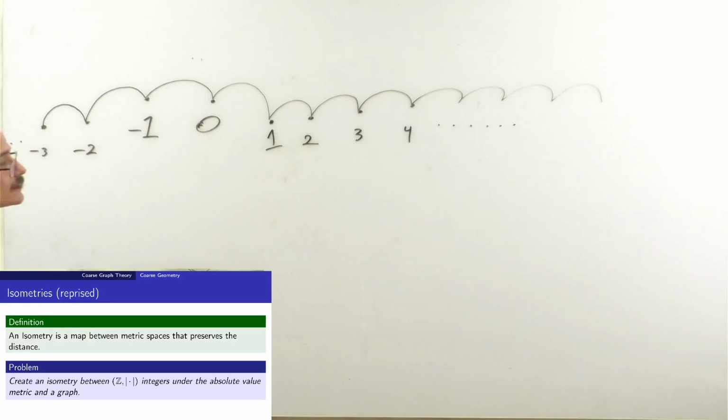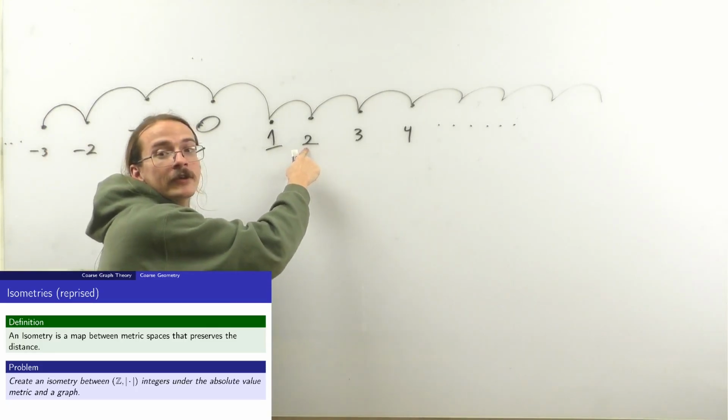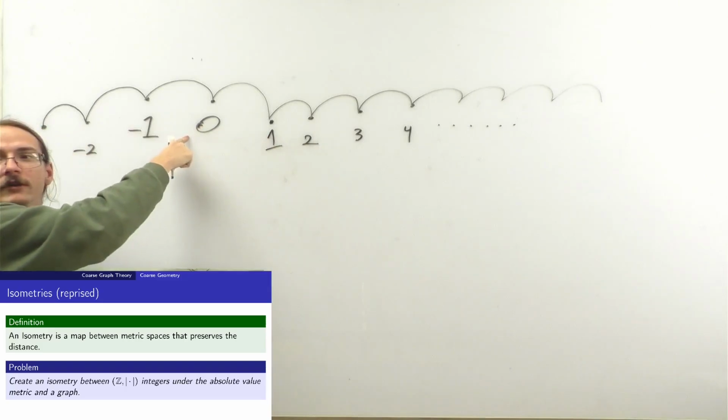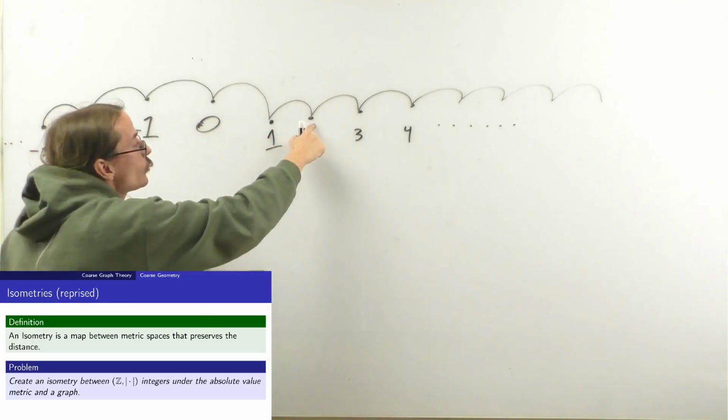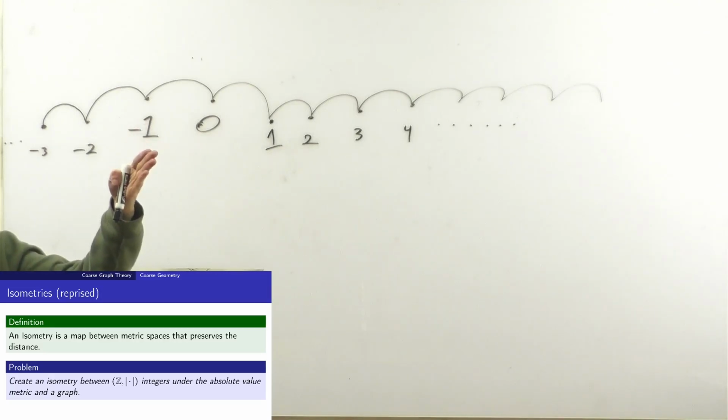Where should 2 go? 0. 2 could go to 0. Okay, if 2 is going to 0, then where do you think we should send negative 2? Remember, if 2 is going to 0, negative 2 has to go somewhere that has, what's the absolute value of 2 minus negative 2? Or what's the distance from 2 to negative 2? 4.